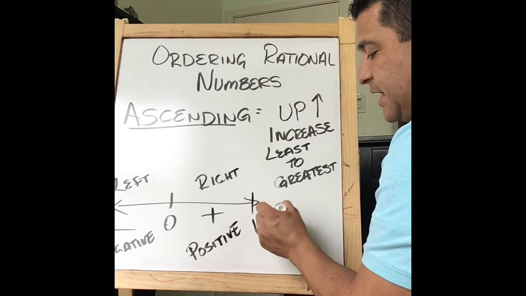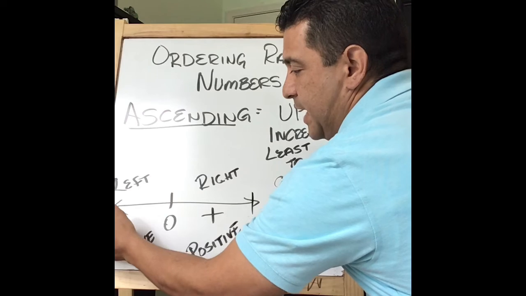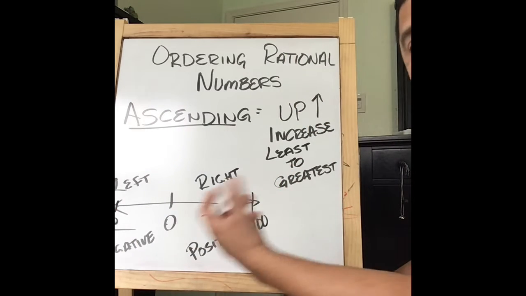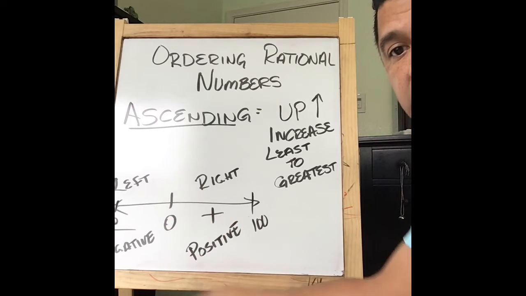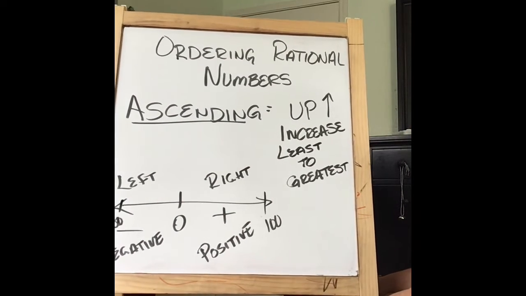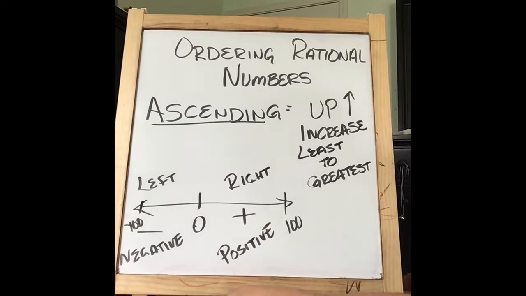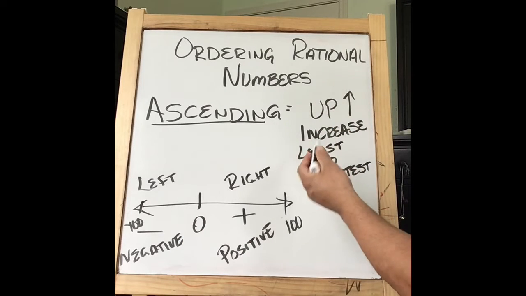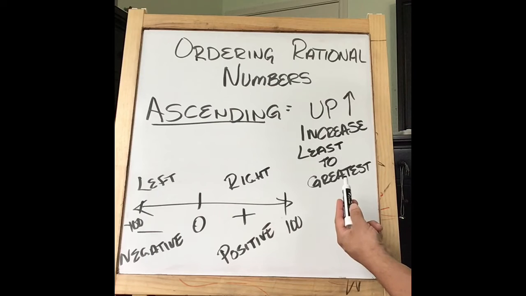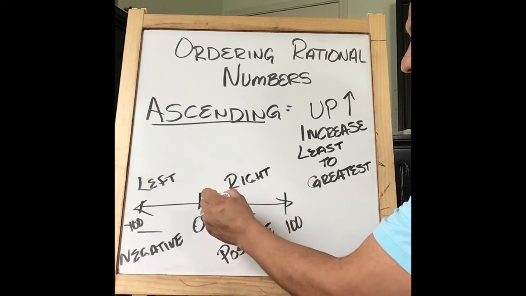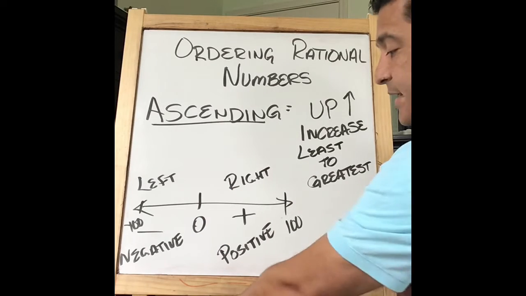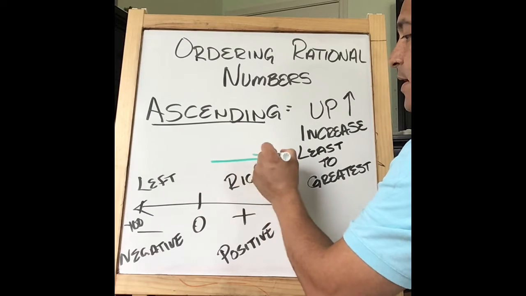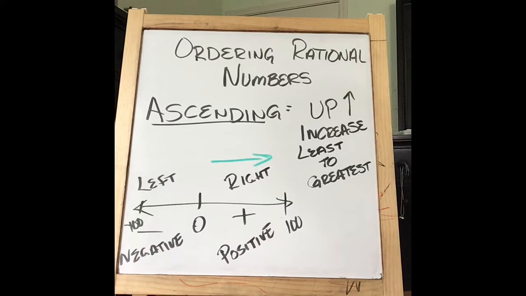Just for today, we'll say 100, and this would be negative 100, okay? So, ascending means the numbers go up. Okay, oh, sorry, I thought you were able to see that. There we go. All right, so the numbers ascending, they're going up. They increase, they go from least to greatest, and so we're going in the right direction when we go ascending. We go this way, okay? We go that way, ascending.